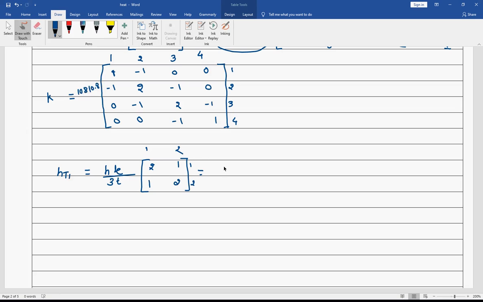My h is 9 watts, length is 3.33 into 10 to the power minus 2, divided by 3 into 0.1 into 10 to the power minus 2. The 0.1 centimeter is the thickness. That goes with the matrix 2 1, 1 2. Now you calculate this value and let me know.